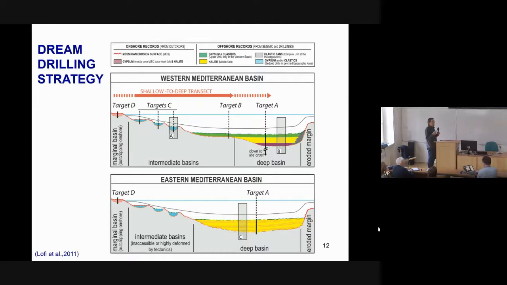So this means that after the initiation of halite precipitation, the seafloor, or at least the margins, were exposed to the effects of erosion. The thing is different in the eastern basin. There you have only halite, and there are clear erosion surfaces on the bottom and the top of that layer.